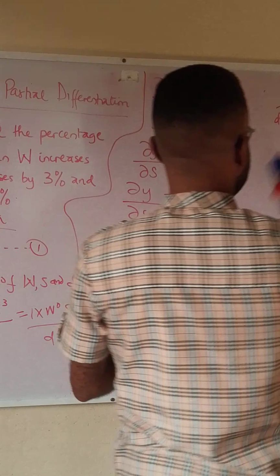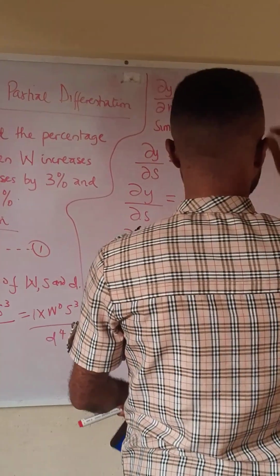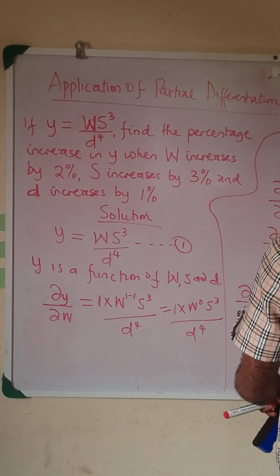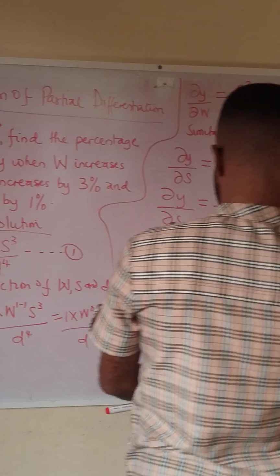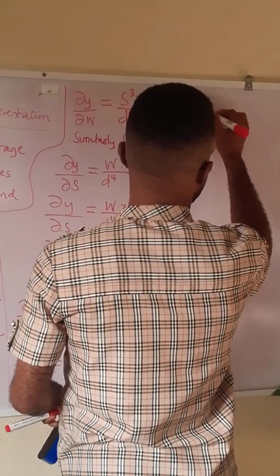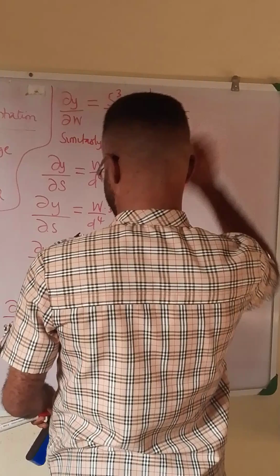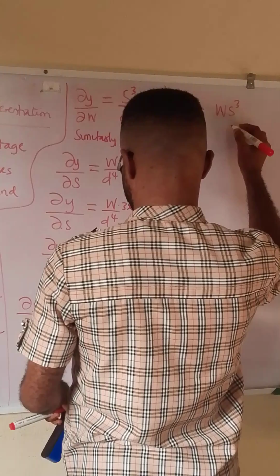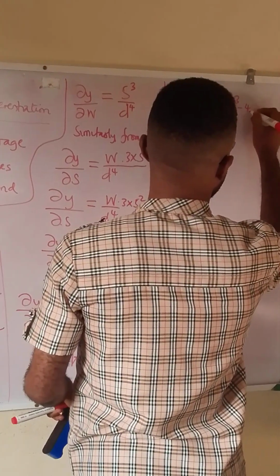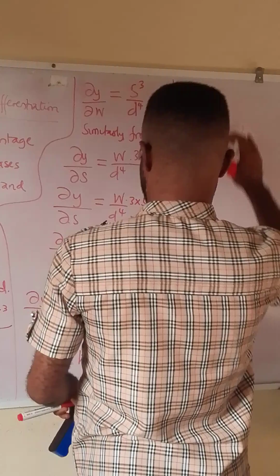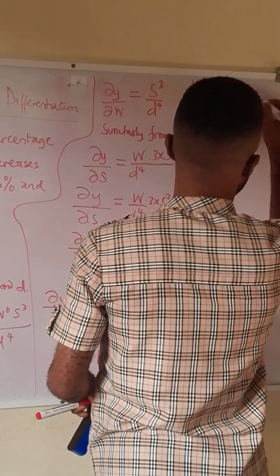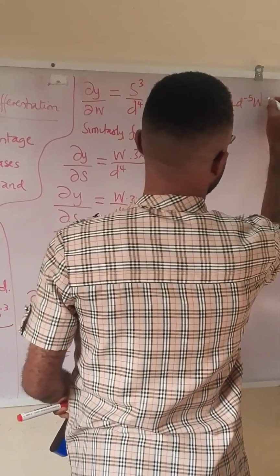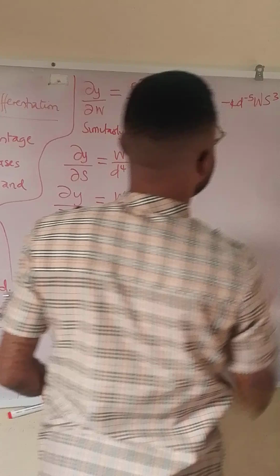So our final answer for that will be minus 4 d raised to power minus 5 times w s cubed.